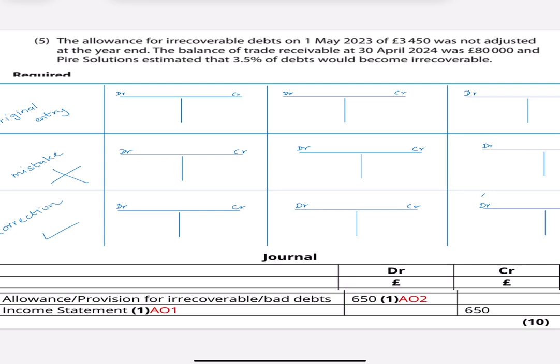The balance of the trade receivables at 30th April 2024 was £80,000, and for your solution estimated that 3.5% of debt would become irrecoverable. Estimated figure means it is the calculation for provision or allowance for irrecoverable debt at the end of 2024, 30th April 2024.